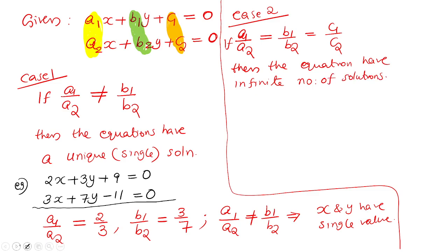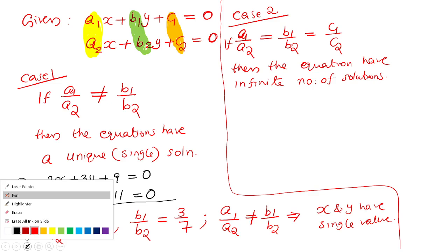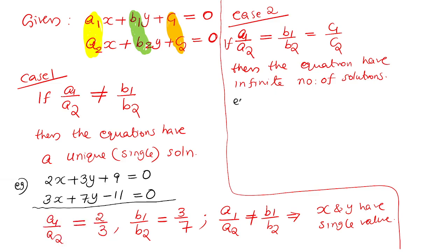For example, look here. One equation is x plus 2y plus 6 equal to 0. The second equation is 5x plus 10y plus 30 equal to 0.